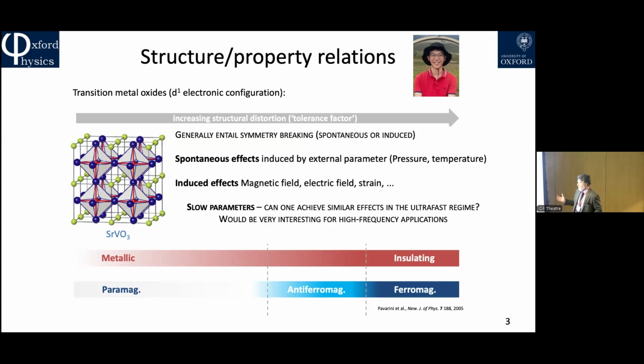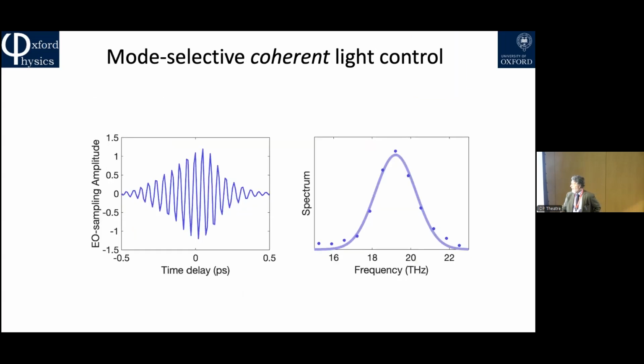The field of ultrafast condensed matter physics has been going on for a couple of decades now, if not more, but a decisive technical contribution to the field has been the development of mode-selective, coherent, controllable light.